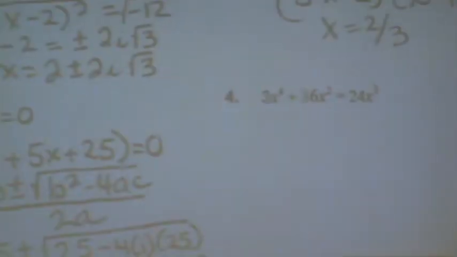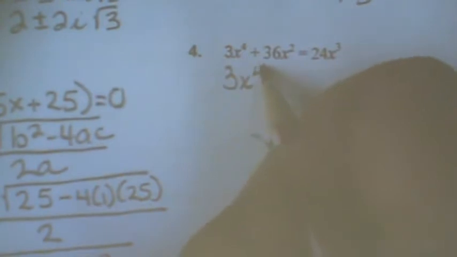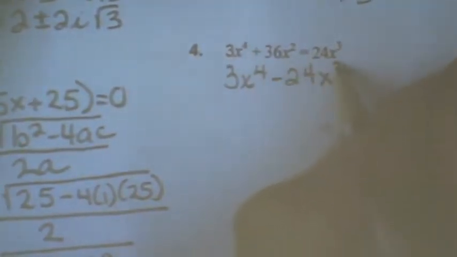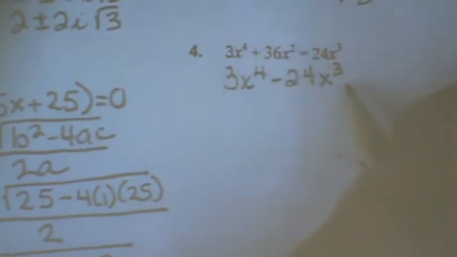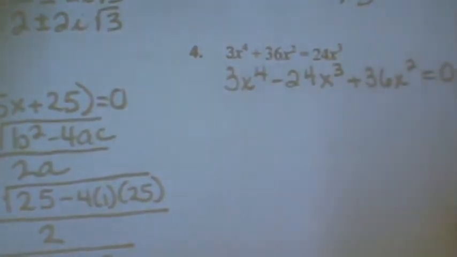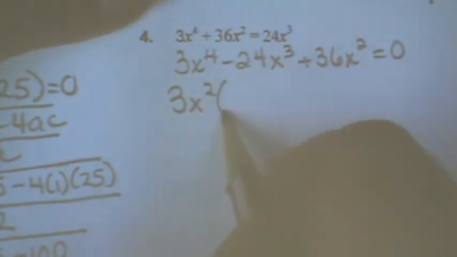Number 4. This one, you're going to get the x cubed to the other side, so it's 3x to the 4th. I'm going to put minus 24x cubed over on the left side, and then plus 36x squared equals 0. Now I know I can take a 3 out and an x squared. So let's GCF a 3x squared.